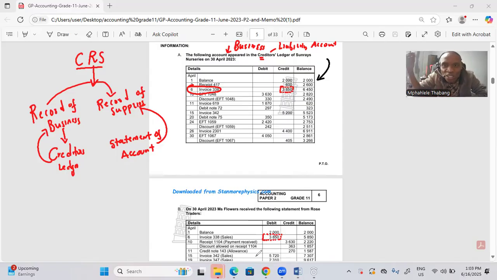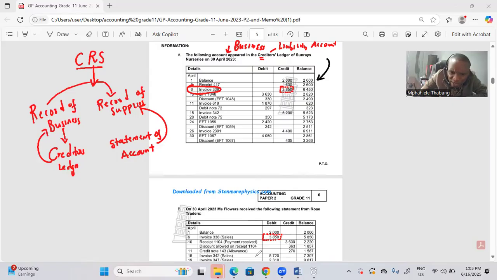We did record 3,850 as a business. Remember, as a business, we record in the creditors ledger, because it will tell us how much we owe to the supplier. Every time we buy on credit, we need to record on the credit side. Remember, liabilities increase on the credit side.